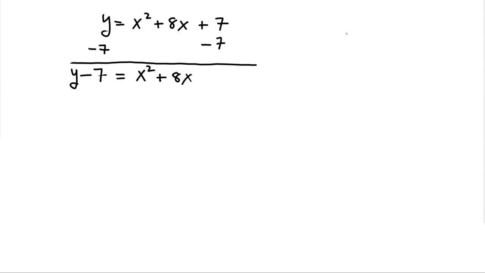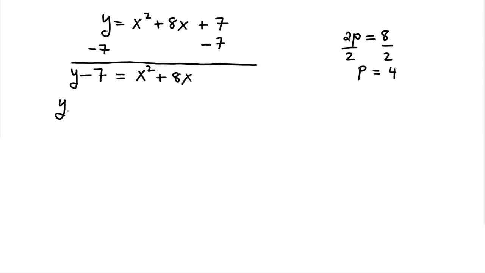So 2p equals 8. I solve this, and I get p equals 4. So to make this a perfect square, I have to add p squared to this side. And if I do it to this side, I have to do it to this side.